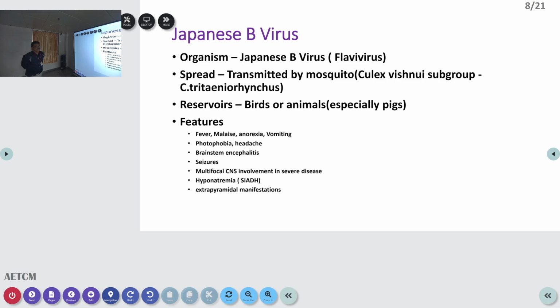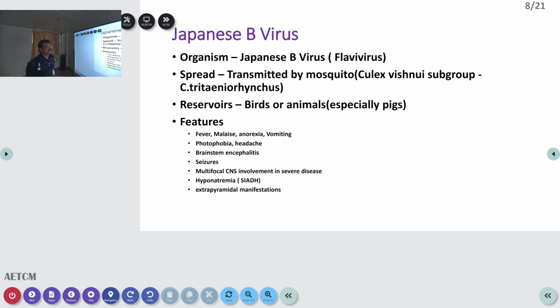Japanese encephalitis is an endemic disease. Only in some pockets you can get this type of disease. Flavivirus is a group of viruses. Among that group, you get Japanese encephalitis virus. It is mainly transmitted through mosquitoes. Reservoirs are mainly pigs.